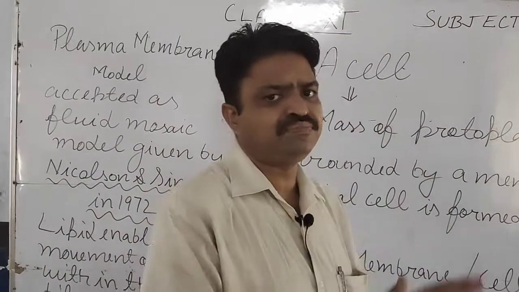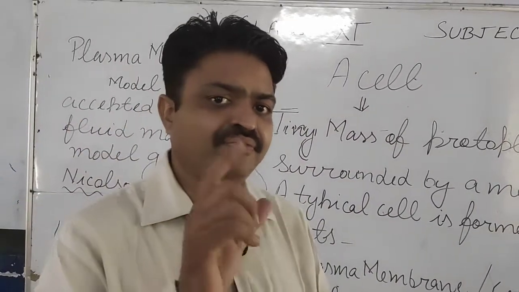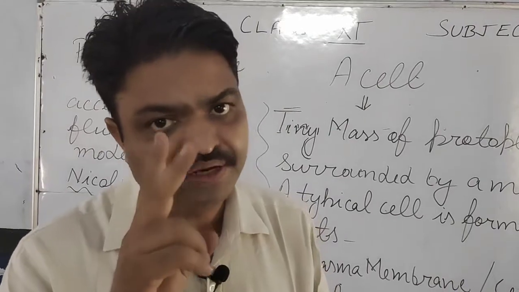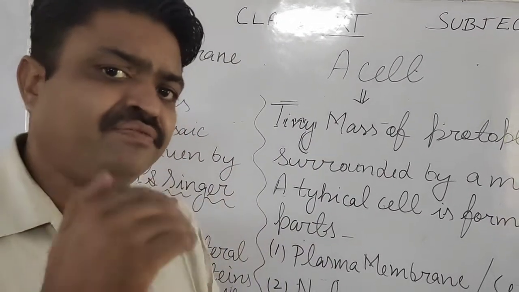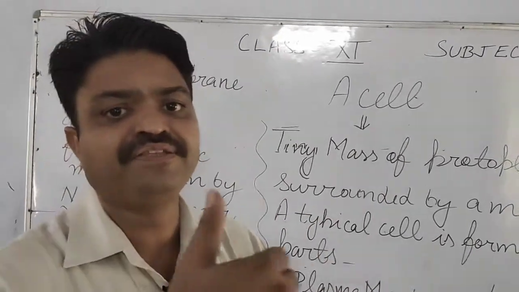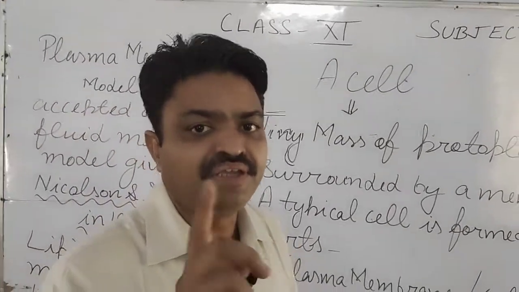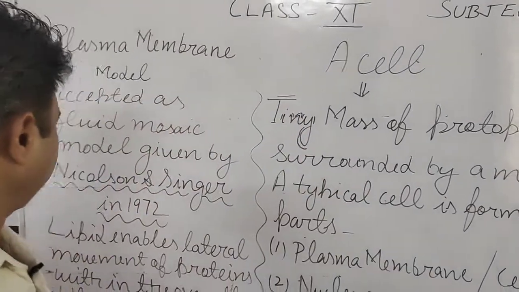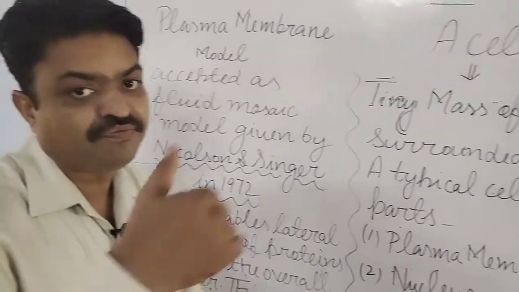What is this model about, student? The plasma membrane has two lipid layers, and in between those lipid layers there is movement. That movement takes place as fluidity, and it helps the proteins, meaning the lipid enables lateral movement of protein due to the fluidity.